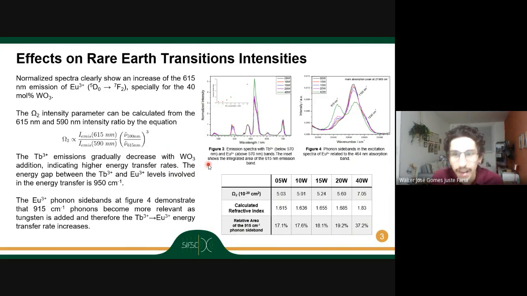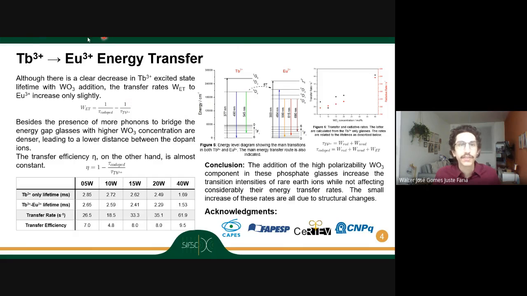And this is why, as we increase tungsten, the emissions from terbium decrease, because the energy of the emitting levels is being transferred to europium ions. So we say that both the intensities of the transitions are increasing and the rate of the transfer is increasing.